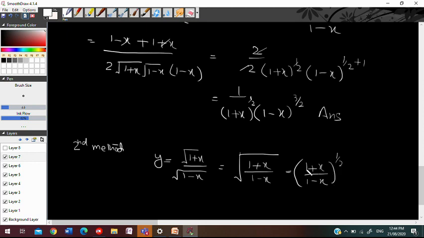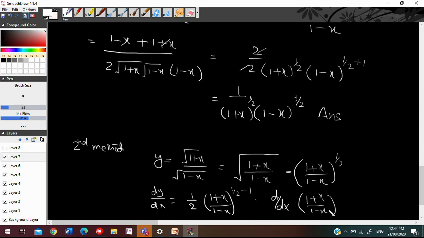So here first you solve the power, when you apply the derivation, now dy by dx, and when you apply power over here you take this power, 1 plus x divided by 1 minus x, 1 by 2 minus 1, and then you apply the derivative on just the inside function.